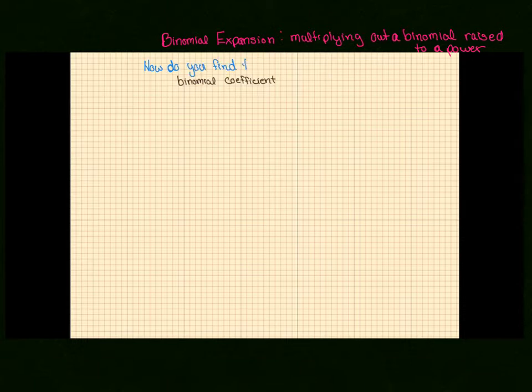Basically, n is still our exponent, whatever the binomial is being raised to, and r is the term that we're looking at. In Pascal's triangle, if we look at this really quick: 1, 1, 1, 2, 1, 1, 3, 3, 1, 1, 4, 6, 4, 1, and so on.